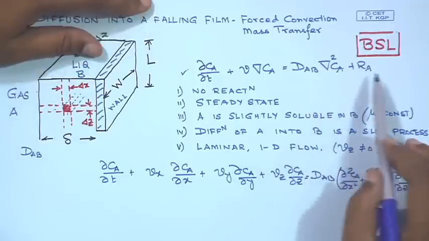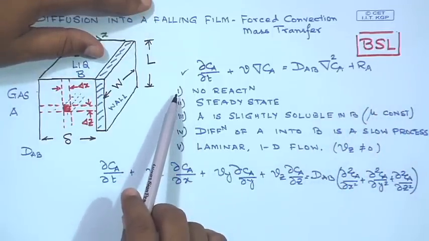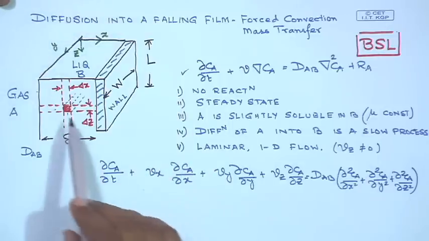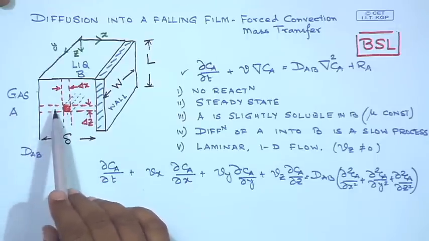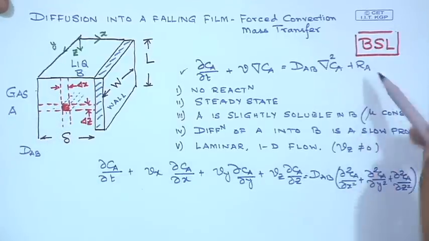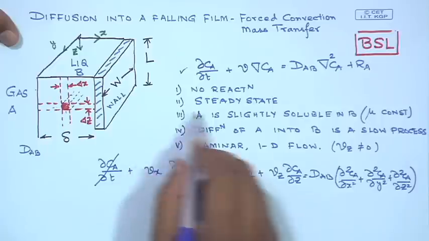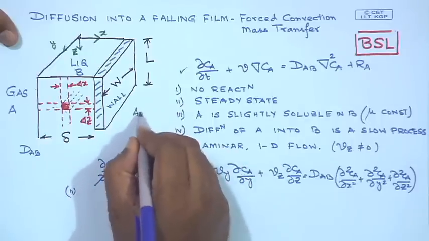I am not writing the R A term, since I have already assumed that there is no reaction taking place. So, there is no question of generation or depletion of A in the liquid gas mixture when the gas gets absorbed in the liquid. So, the reaction term is dropped. This would be 0 because of assumption 2. So, these are my assumptions.